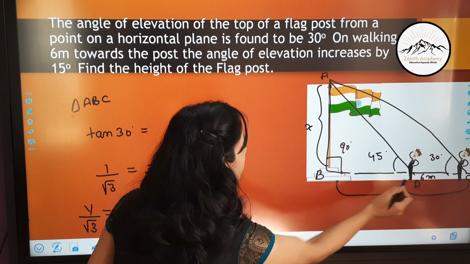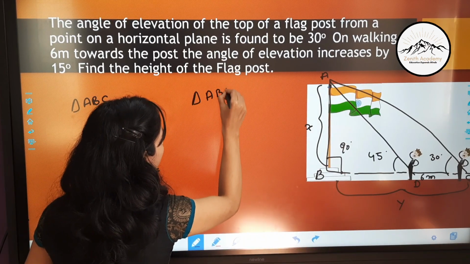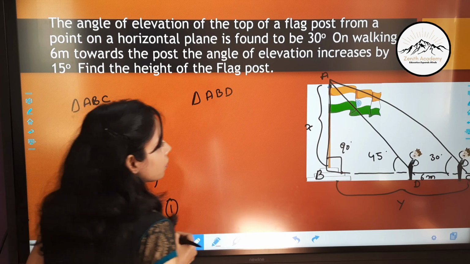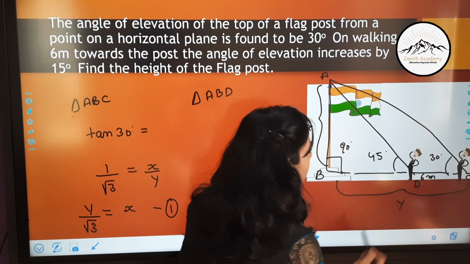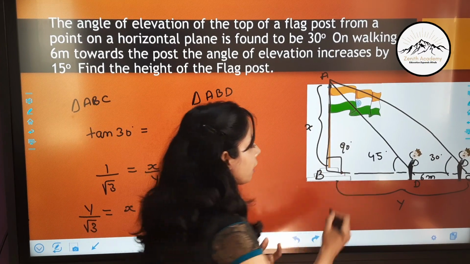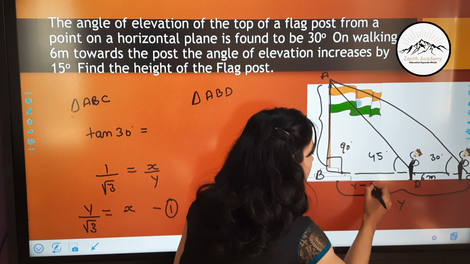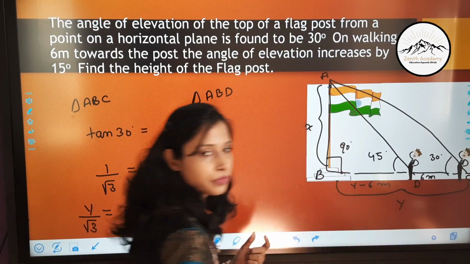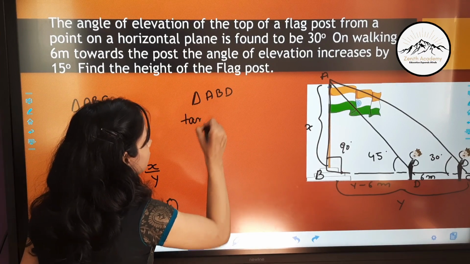Triangle ABD. So see, if this is 6 meters, this BD I can, and whole this BC is y. So for BD I can write this as y minus 6 meters, right? So now let's see how we will use this.